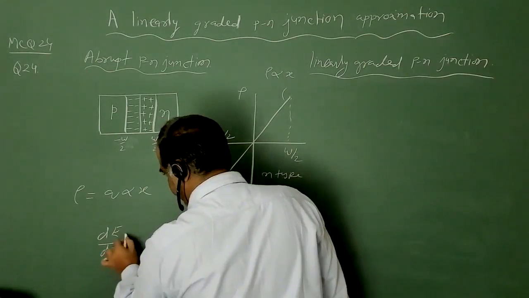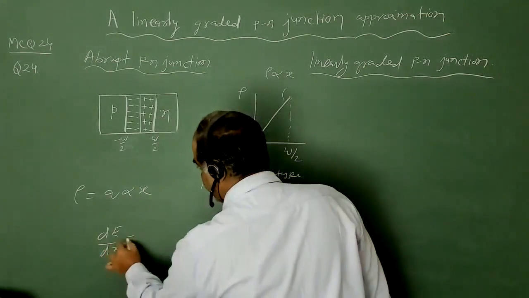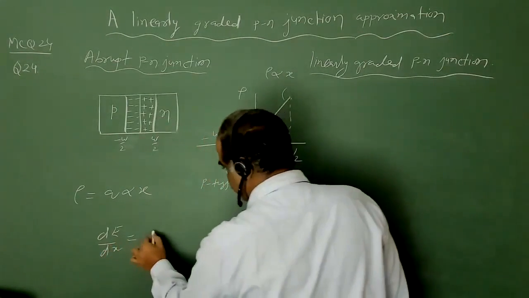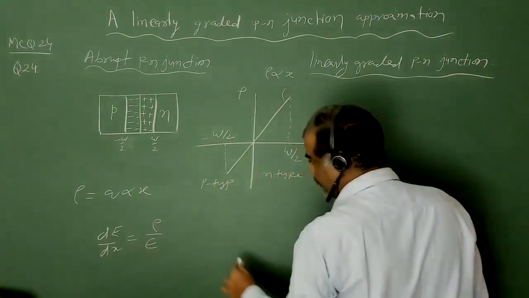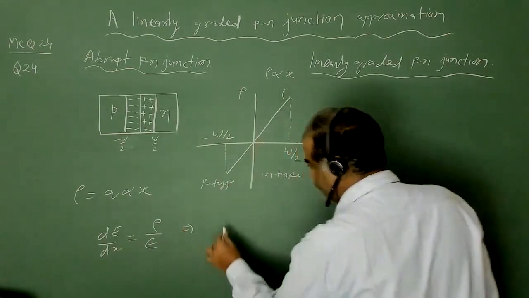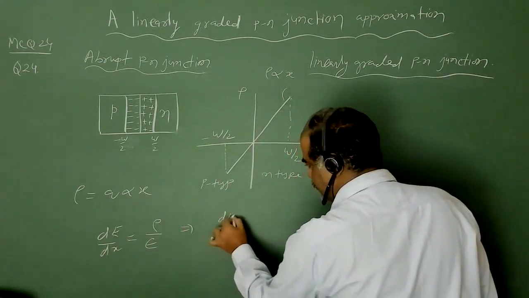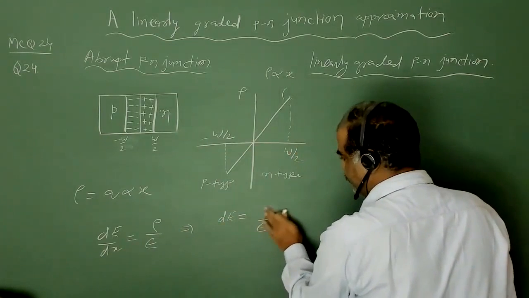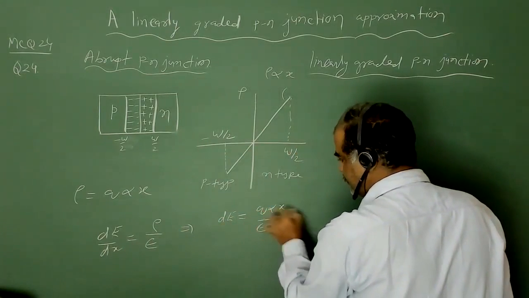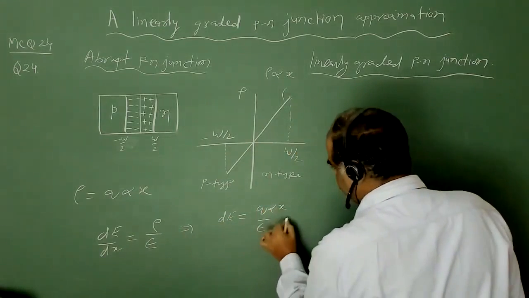So again I can apply the Poisson equation. Poisson equation says dE by dx is equal to rho upon epsilon. So this will give me dE equals rho upon epsilon, and the rho value is q alpha x, dx.